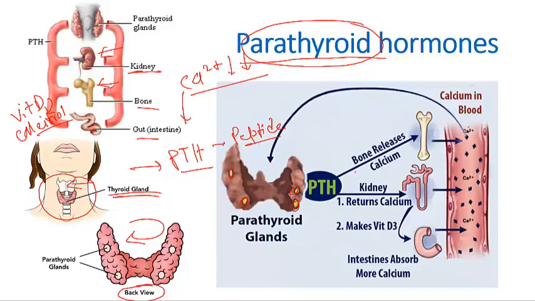If you look here, the bone releases calcium with the effect of parathyroid hormone, so resorption, it starts releasing calcium if it's required there. It signals the kidney to return that calcium, and it also converts vitamin D into calcitriol, which is vitamin D3. It is known to reabsorb more and more calcium. That's what the function of parathyroid hormone is.